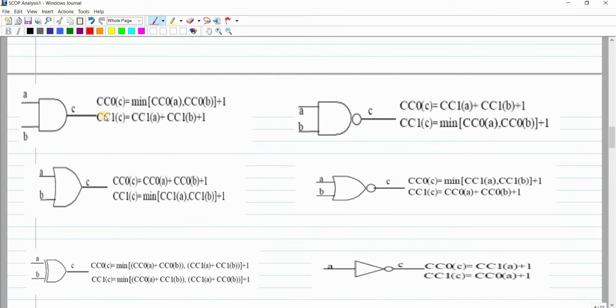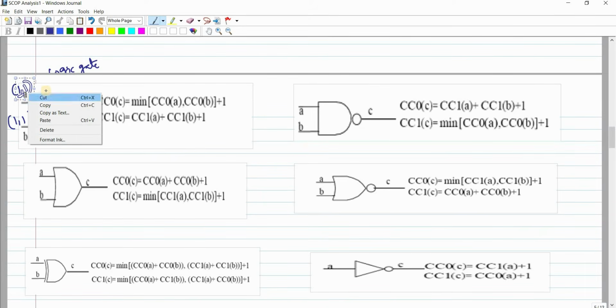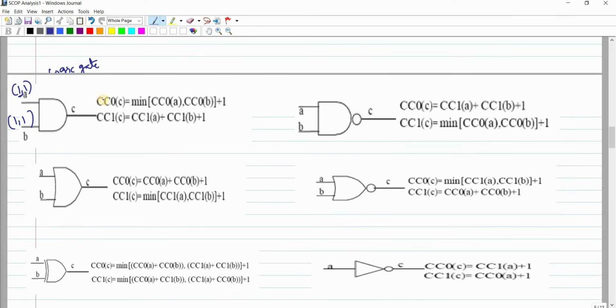Let's see a simple example. Before going to solve combinational circuits, let's see one simple logic gate. For example, if they ask to find the combinational controllability of this particular logic gate, what will we do? A and B are the primary inputs, and C is the primary output here. Initially, I will consider 1, 1 by default. It means combinational 0 controllability and combinational 1 controllability are 1, 1.